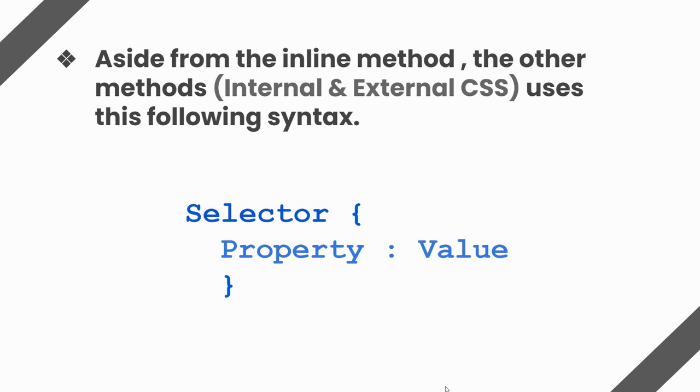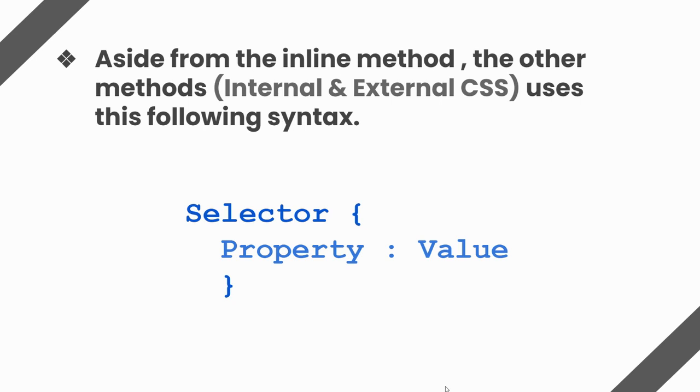which has the selector, then curly braces, and within the curly braces we have the property and the value that is to be assigned to the particular property of that element. So for this section, we'll be looking into the selectors, because there are various types of selectors in CSS, and one of the most popular ones is the CSS Element Selector, which is represented by the tag name itself.